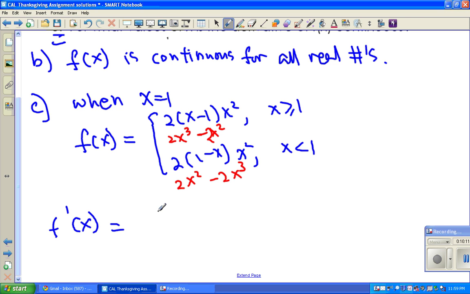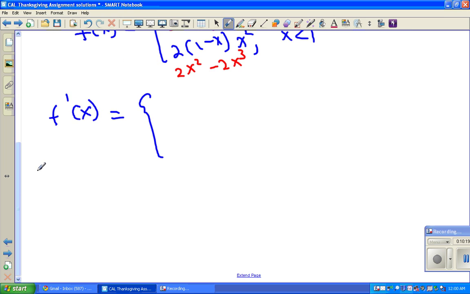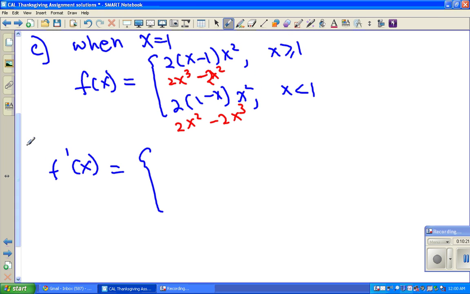Now, our derivative here becomes 6x squared minus 4x when x is greater than or equal to 1.